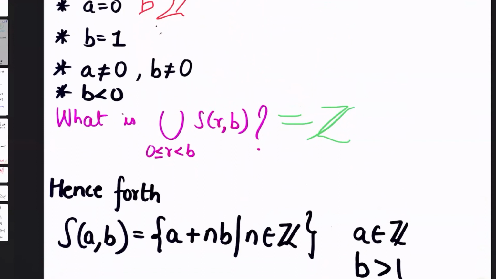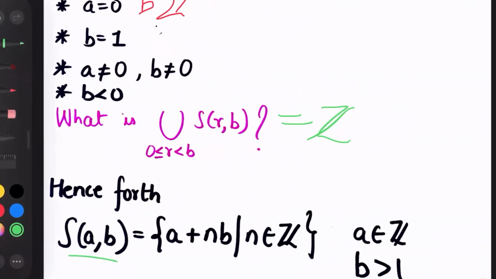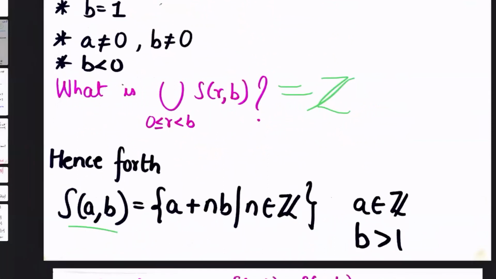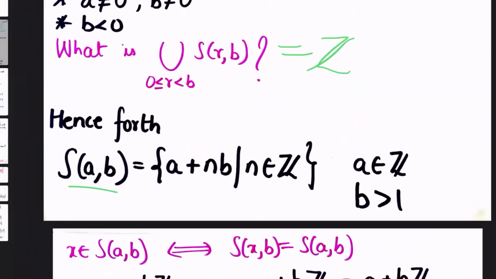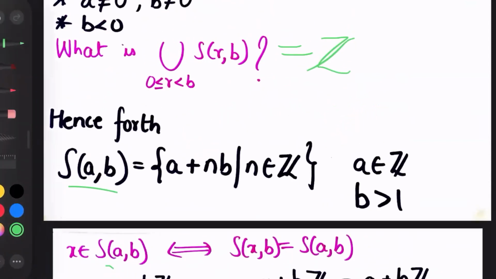Our proof is essentially about primes. So in a short while, we will consider the cases when these S_{A,B} involve terms where one of these two integers will be a prime number. Before that, one little observation that we make is, if an element X belongs to S_{A,B}, then S_{X,B} is the same as S_{A,B}. Now, this is again easy to prove because we have started to view these S_{A,B} as cosets.